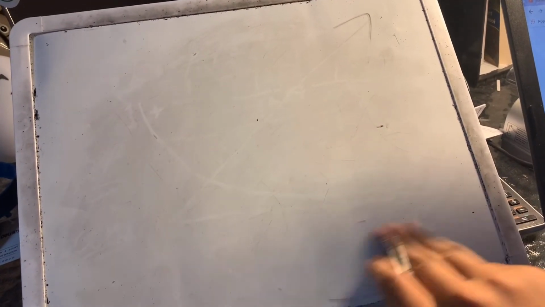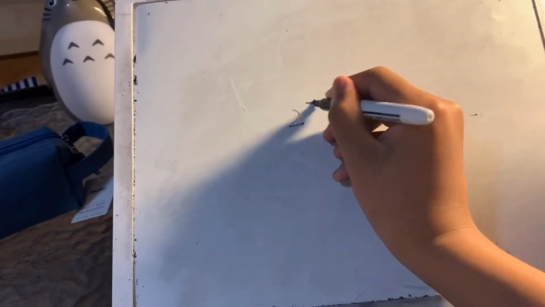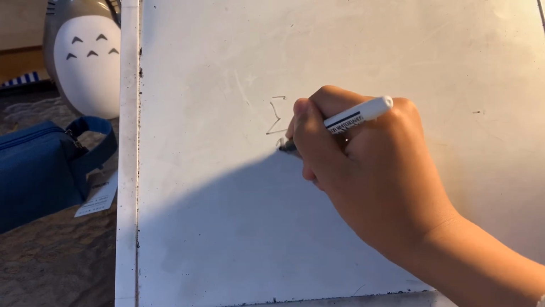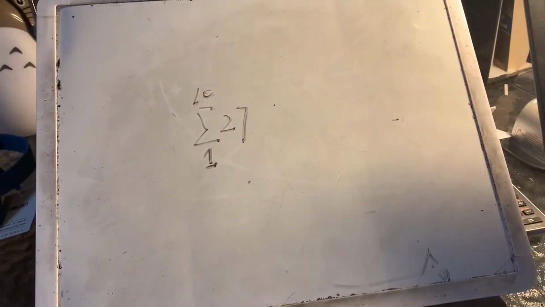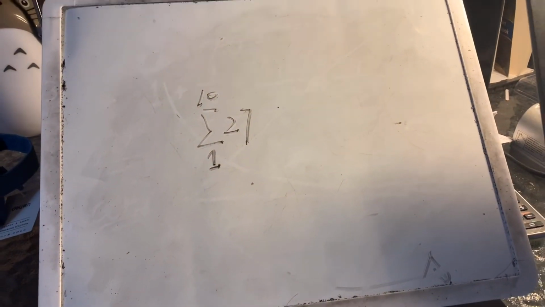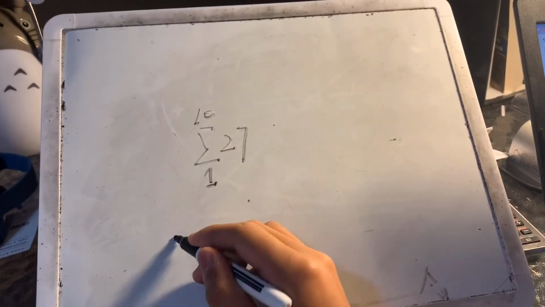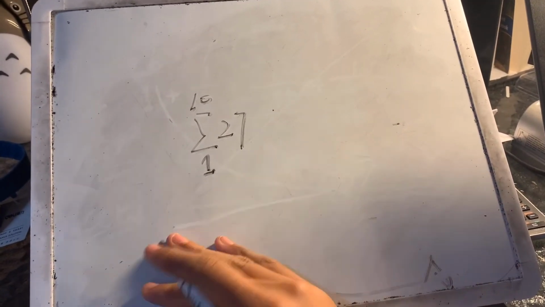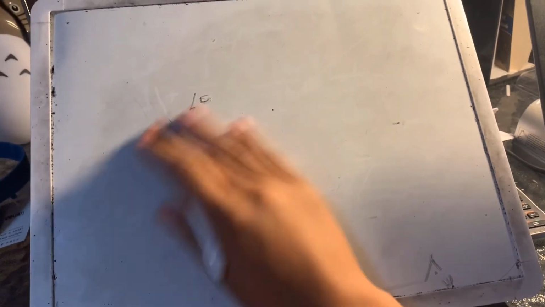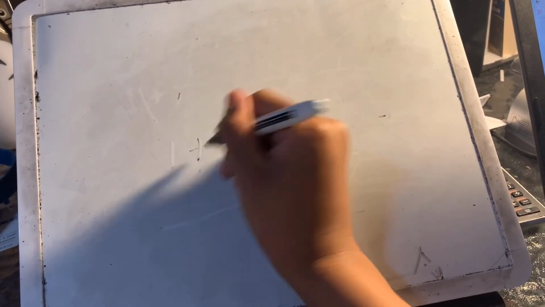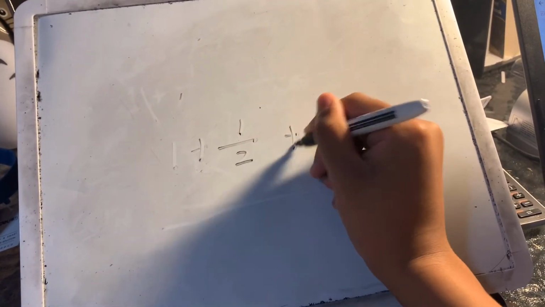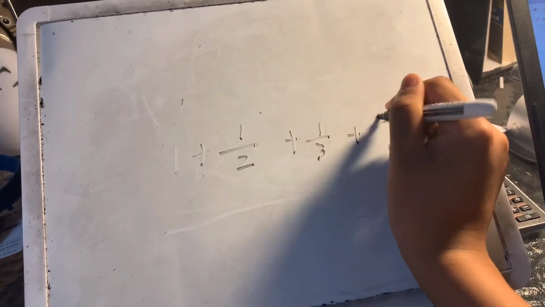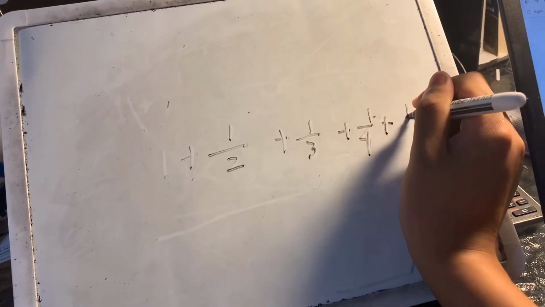Let's give 2 examples. Is this sigma convergence? This is definitely convergence because it is always going to be 27, so it converges to 27. Second problem, we call this the harmonic series. Is this convergence? People will say yes, it is, but it's actually not.